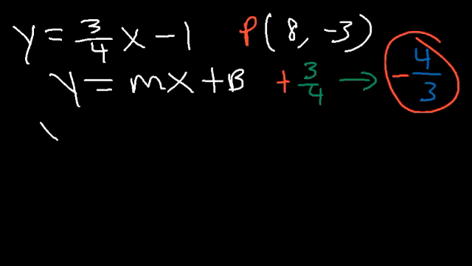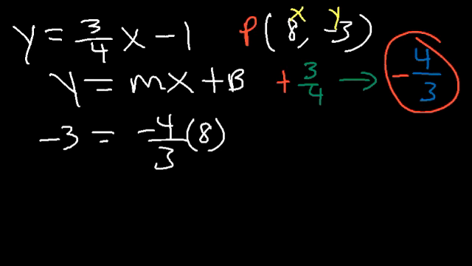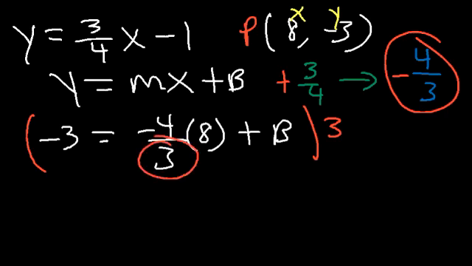Let's plug in x equals 8, y equals negative 3, and solve for b. So negative 3 is equal to negative 4/3 times 8 plus the y-intercept, which is b. To get rid of the fraction, let's multiply everything by 3, whatever this denominator is.